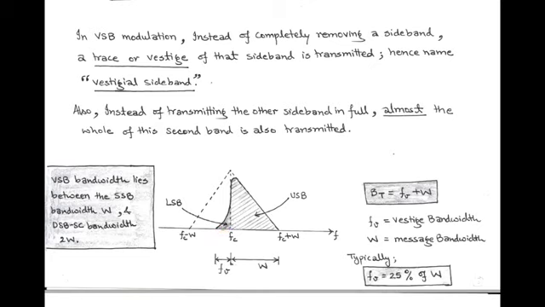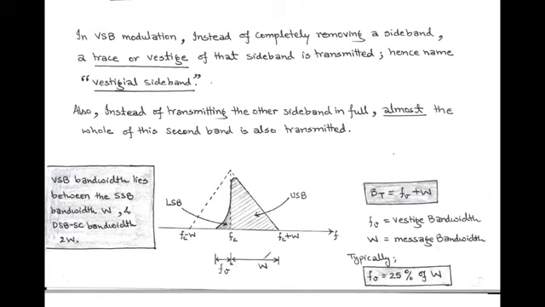Therefore, this modulation is called vestigial sideband modulation. Here, the LSB is limited between Fc-W to Fc, and the bandwidth of the vestige is denoted by fv, which is called vestige bandwidth. Typically, we take the vestige bandwidth as 25% of the message bandwidth, that is capital W.